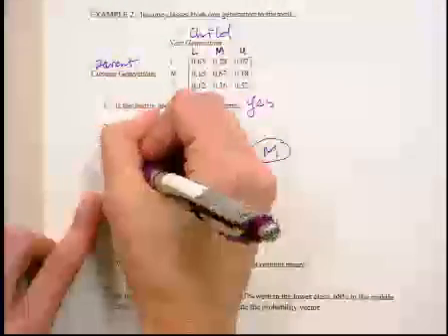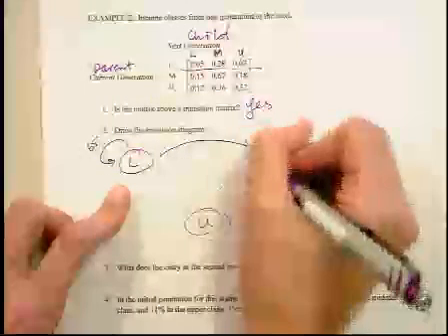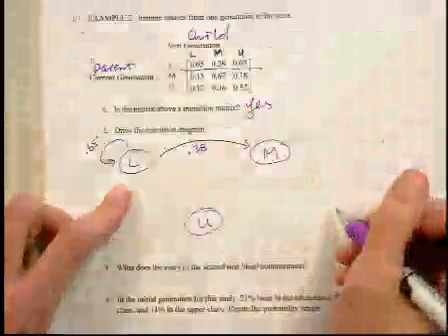So if the parent is lower class, they are 65%, or 0.65, likely to stay in the lower class. So I'm just reading this first row now. 28% of them will move to the middle class, 0.28, which you can also read as a probability. 0.07 would move to an upper class, 0.07.